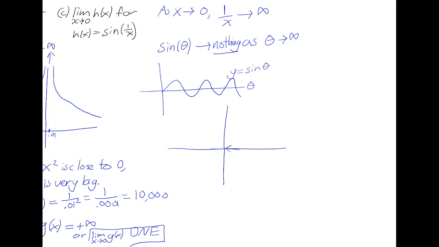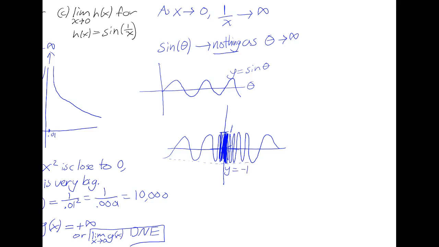So as x approaches 0, the graph is going to go up and down more and more times, faster and faster, forever and ever, going between 1 and negative 1. I'm going to stop going up and down here because I can't do it forever. But then a similar thing happens on the other side. Either way, the whole thing always stays between y equals 1 and y equals negative 1.